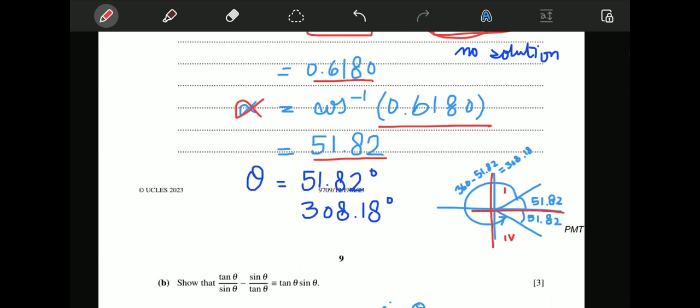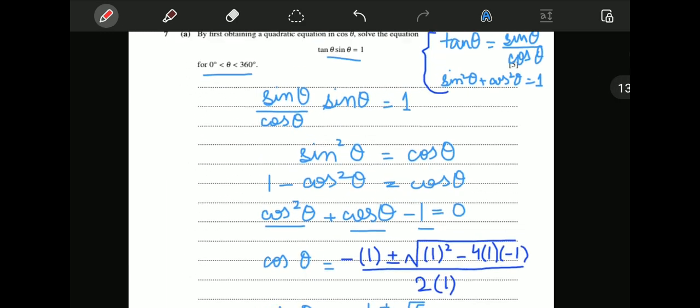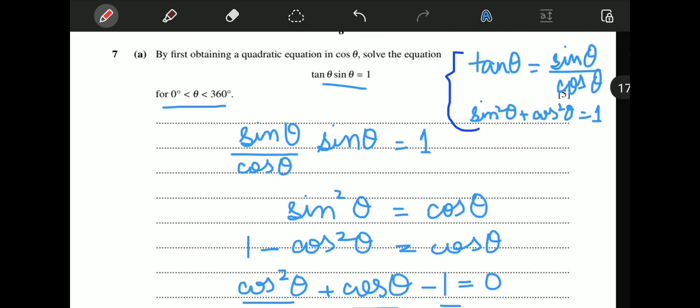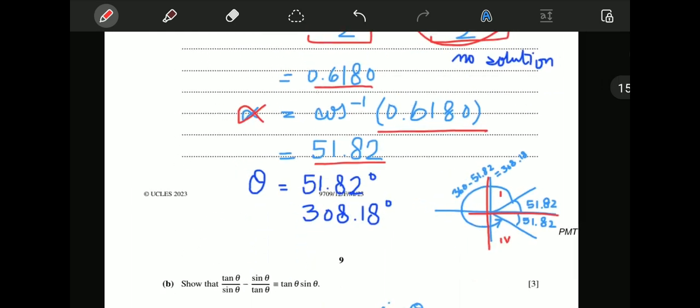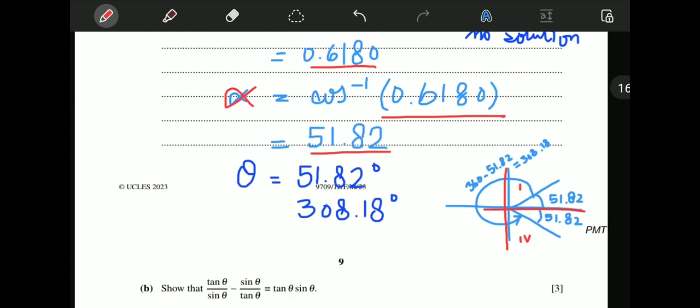Now we'll draw the grid. If you remember, in the start we have the range from 0 to 360, so the angle is available in all four quadrants. We see that this is a positive number, so we can use the cos quadrants.